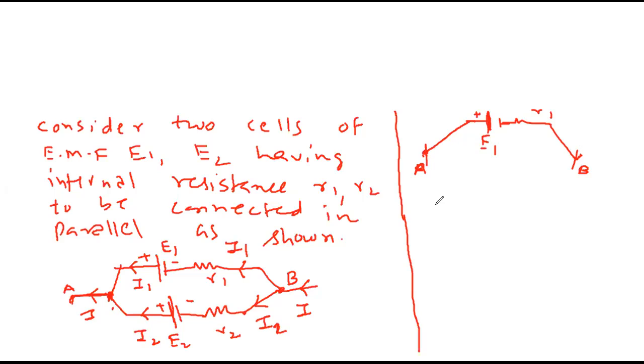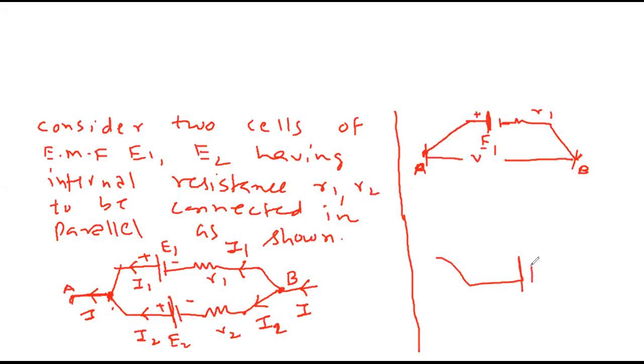Yes, sir, because A is connected to positive terminal. A's voltage is higher, B's voltage is lower, so VA minus VB is the potential drop across AB.